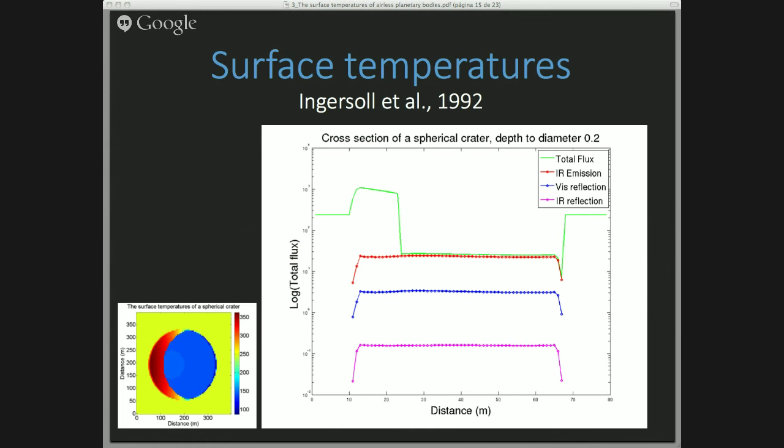After enough reflections and emissions, if it hit all the walls, the shadowed part of the crater will have a uniform temperature. As you can see here, this is the crater we modeled, and this is the energy distribution along the shadowed part of the crater. And it's uniform, both visual and IR reflection, which we usually neglect.